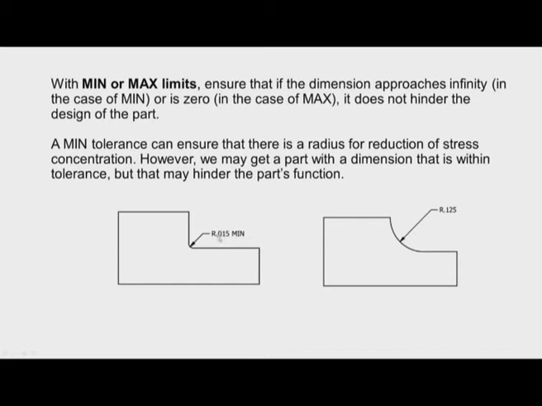Now if we follow this, the operator may produce a part with a radius of 0.125 millimeter. As per the specification this size is allowed, but whether it affects the functionality, that we should consider. So we should be careful while specifying minimum or maximum limits. The functionality we should consider.